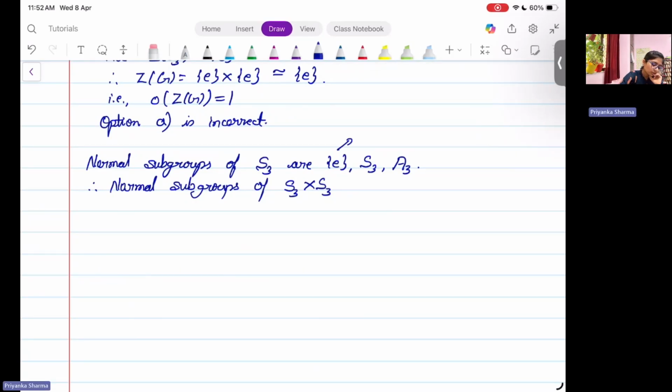Here it has order 1, it has order 6, and it has order 3. So we cannot have a subgroup of order 4 here.